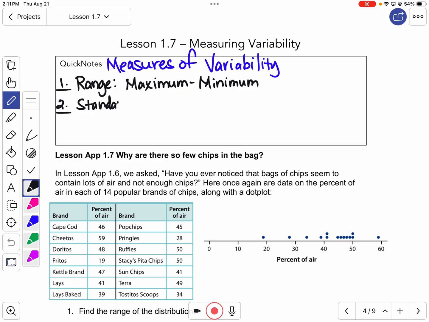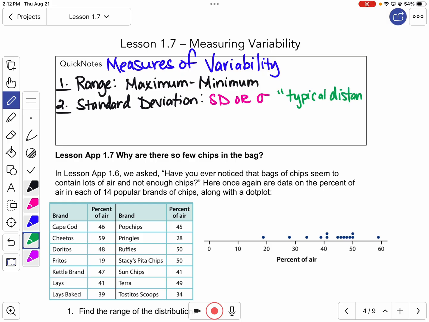Our second measure is our standard deviation. That one they're just going to give to me in the chart, SD, or that little sideways 9. Okay. If they ask me to interpret, it is the typical distance from the mean.